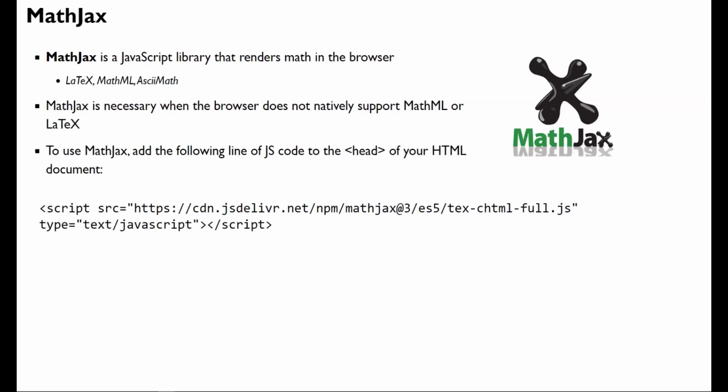And to make sure that the HTML in your file is rendered via MathJax, all you would need to do is to paste a line of code in the head element of your HTML page.